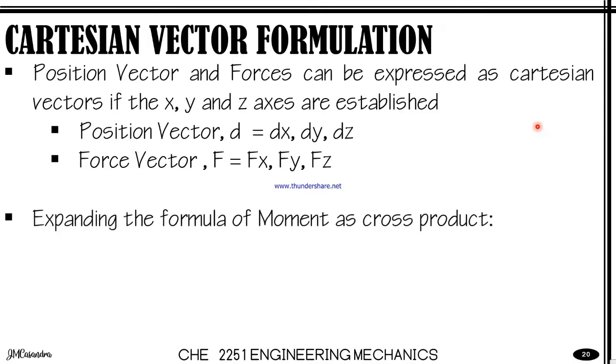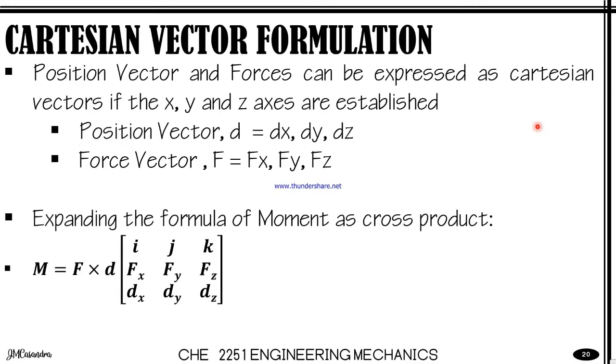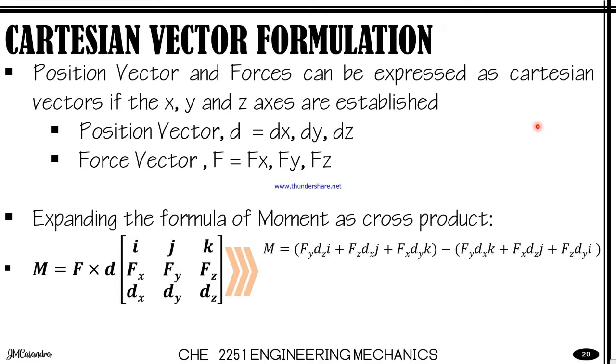Expanding the formula of moment as a cross product, which is force times distance, this will result in an expanded equation. And this will be our final answer. This is the same as the formula from your modules.